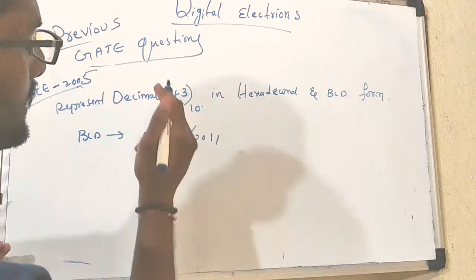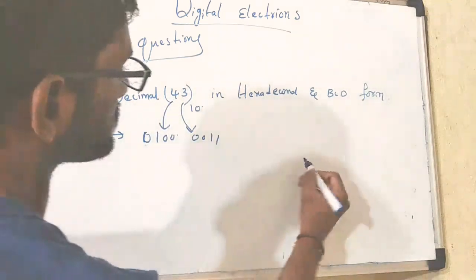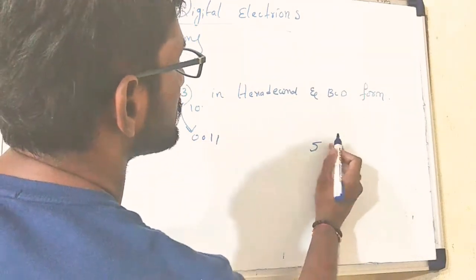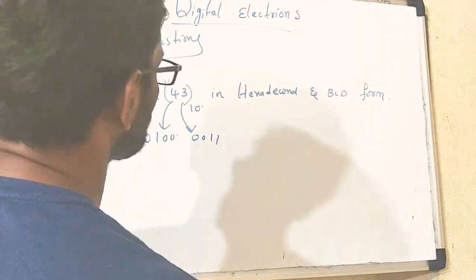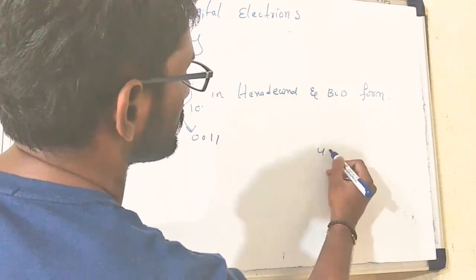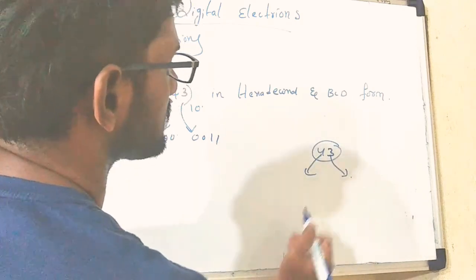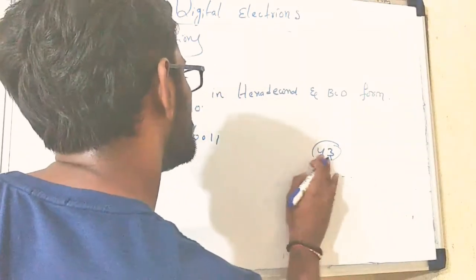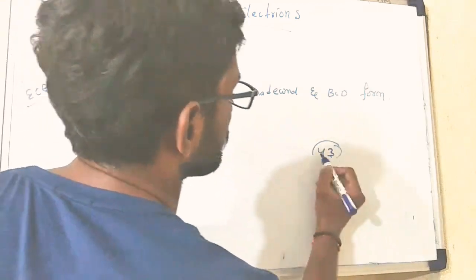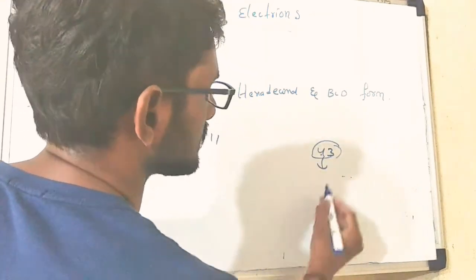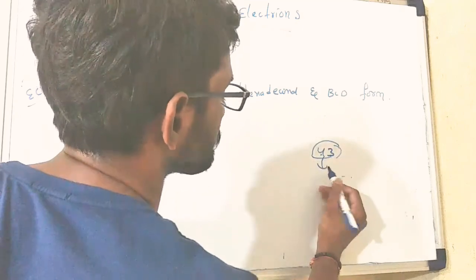If the number is greater than 9, then add 6. Here for 43 we have written 4 separately and 3 separately. If we don't want to do that, we could write the binary value of 43 directly.